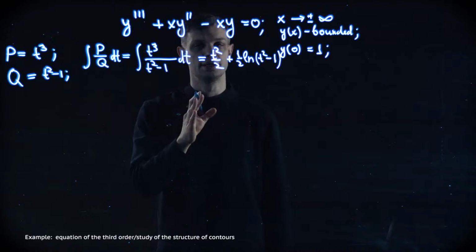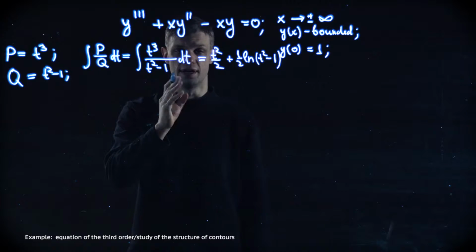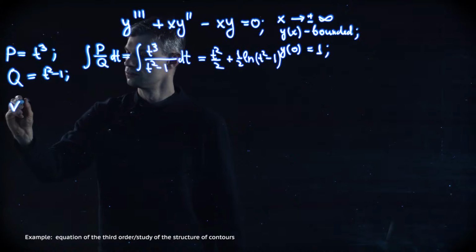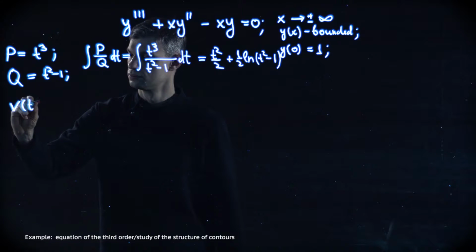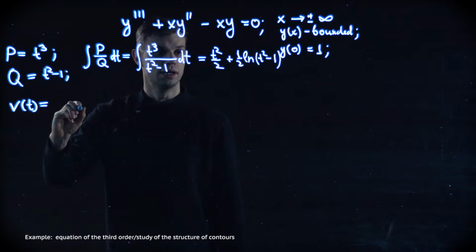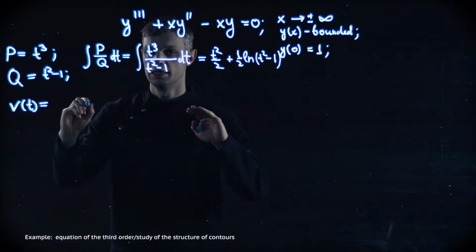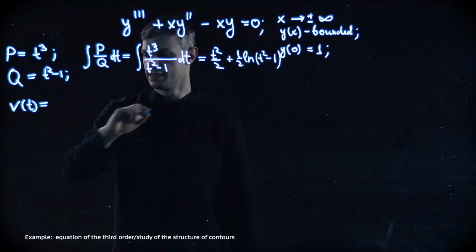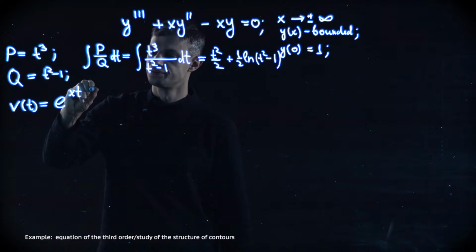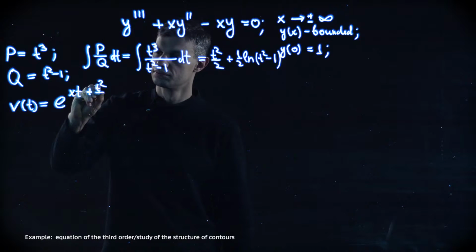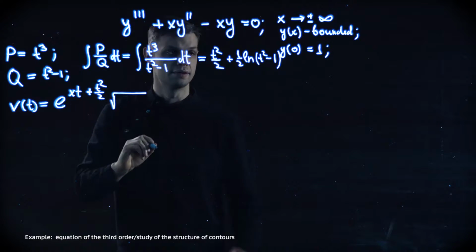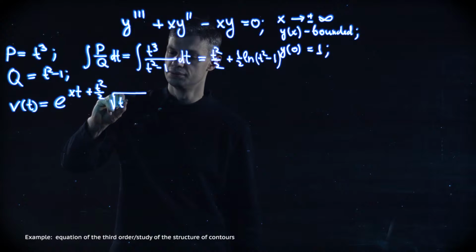Right, so let's write down our v function and z function. So first, v function. As you remember, it's simply the exponent of this part, times e to xt. So here it is. And the logarithm is turned into a square root.